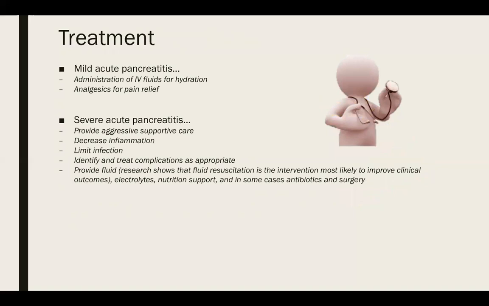Mild acute pancreatitis focuses on administering IV fluids for hydration and analgesics for pain relief. Severe acute pancreatitis focuses on providing aggressive supportive care, decreasing the inflammation, limiting infection, identifying and treating complications as appropriate, providing fluid, electrolytes, nutrition support, and in some cases antibiotics and surgery if needed. And research actually shows that fluid resuscitation is the intervention that's most likely to improve clinical outcomes.